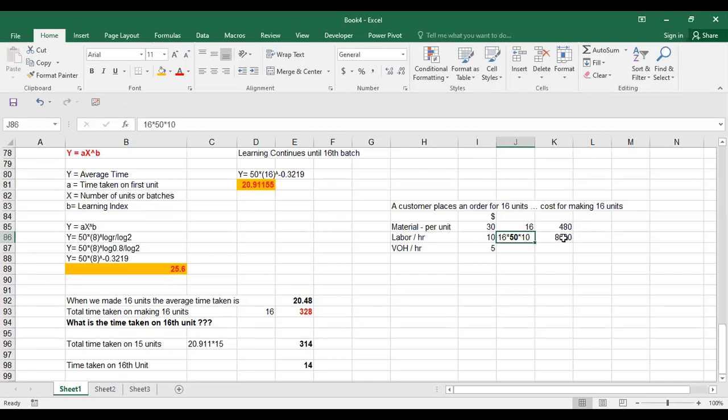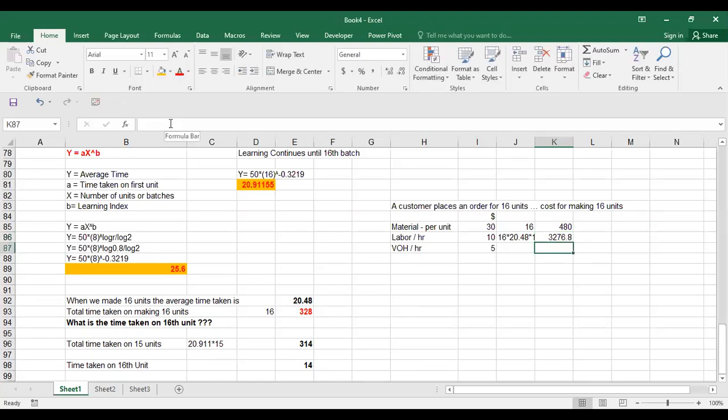But once you know the learning rate thing, you know that your average hours are not 50. Your average hours for making 16 units is just about 20.48. And when you put here 20.48, your entire budget is changed. Instead of 8,000, it is 3,276.